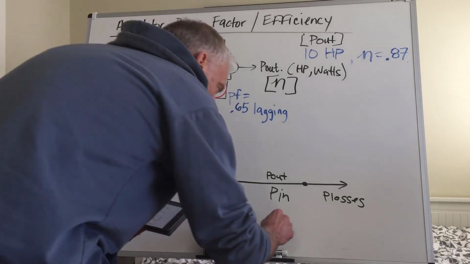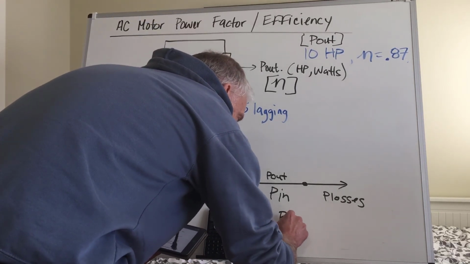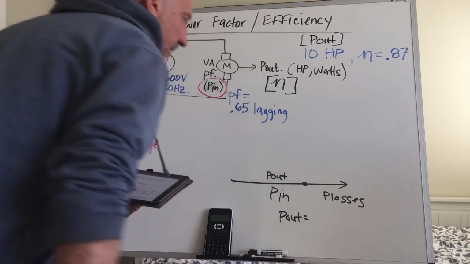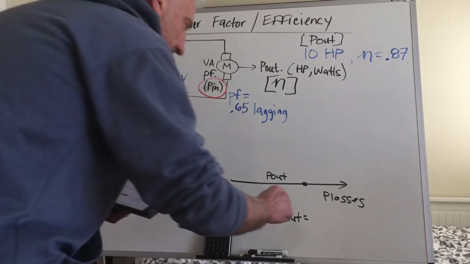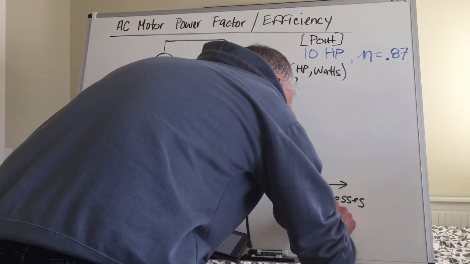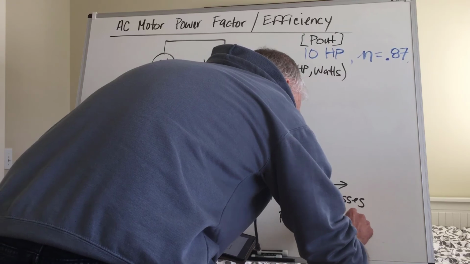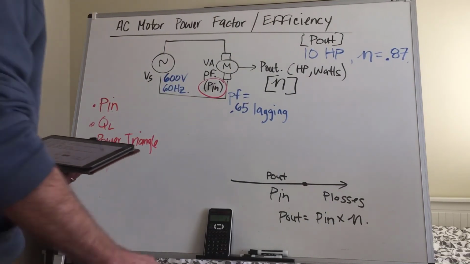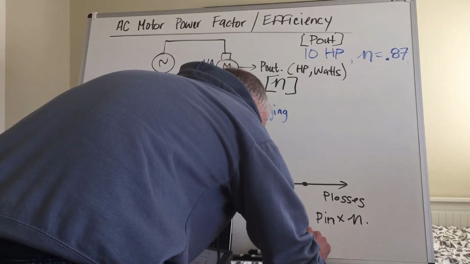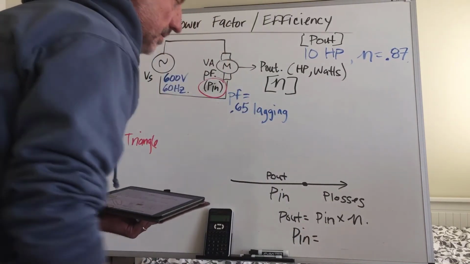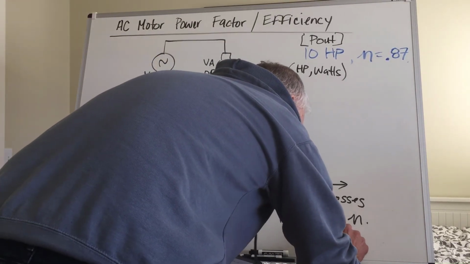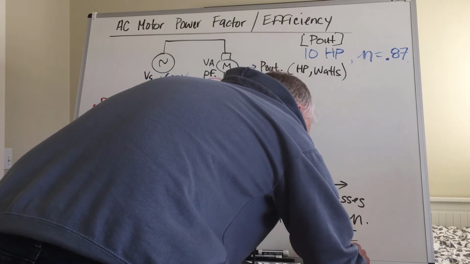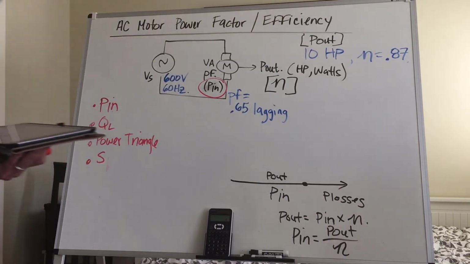This P out value is going to be your P in times your efficiency, right? So if we want to know our P in value, that's going to be our P out divided by your eta value, or efficiency.